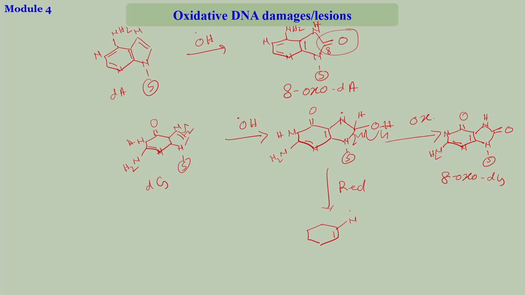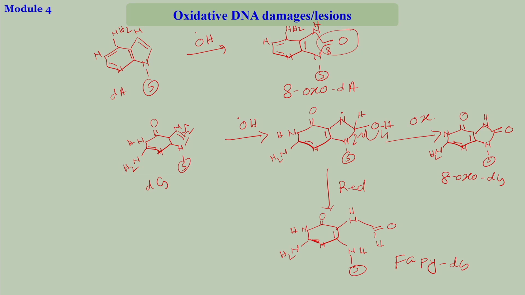So, what you will have is NH, H, and here you will have the NH with the sugar. This compound has a name. These kinds of lesions are usually called FAPy lesions. This is the FAPy deoxyguanosine lesion.